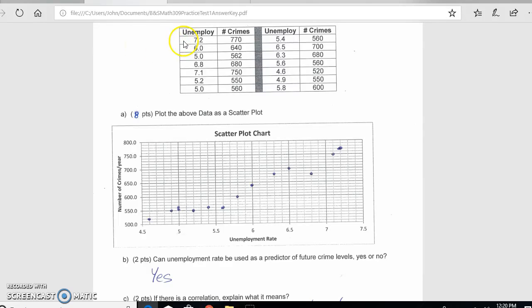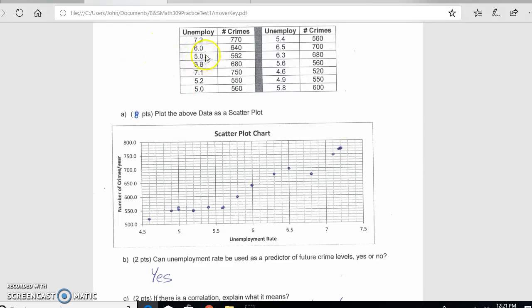So for example, this first data point, 7.2% unemployment. So we come down to the unemployment rate. 7.2 would be this point right here on the horizontal axis. And the number of crimes is 770. So we would come up until we reached 770 on the vertical axis, and that would be our data point that we plot right there.